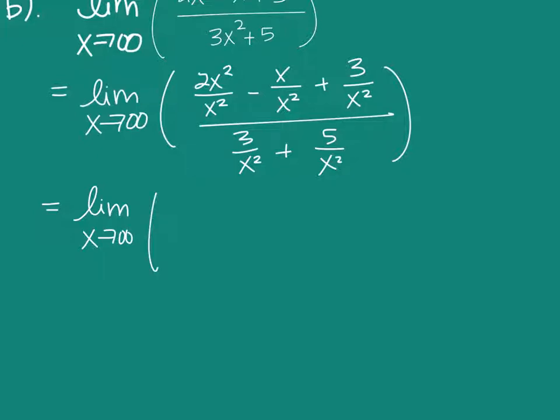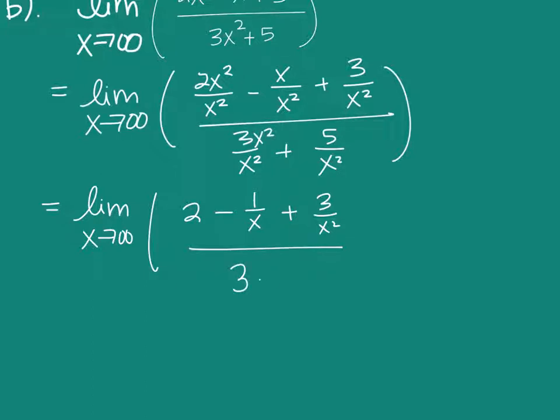So when I reduce 2x squared over x squared, I get 2. Minus x over x squared is 1 over x. 3 over x squared doesn't change. My denominator also has a 3 over x squared. Nope, that was 3x squared over x squared. So let's see, fix this.